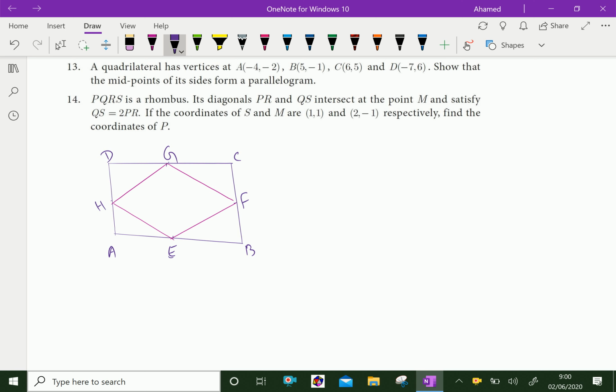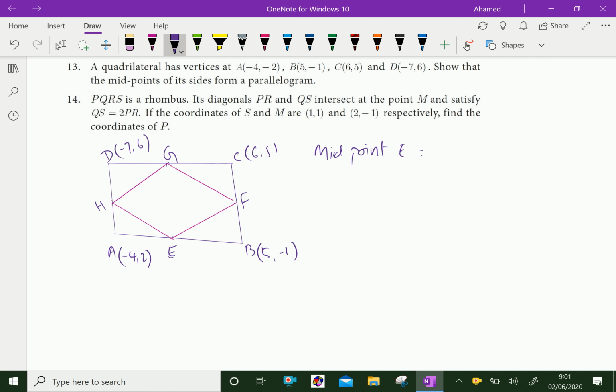Now the quadrilateral points are given as A (-4, -2), B (5, -1), C (6, 5), and D (-7, 6). We have to find the midpoint E, the midpoint of AB.